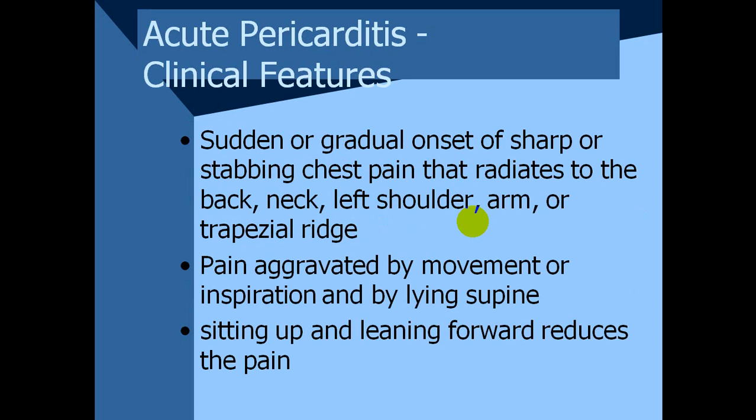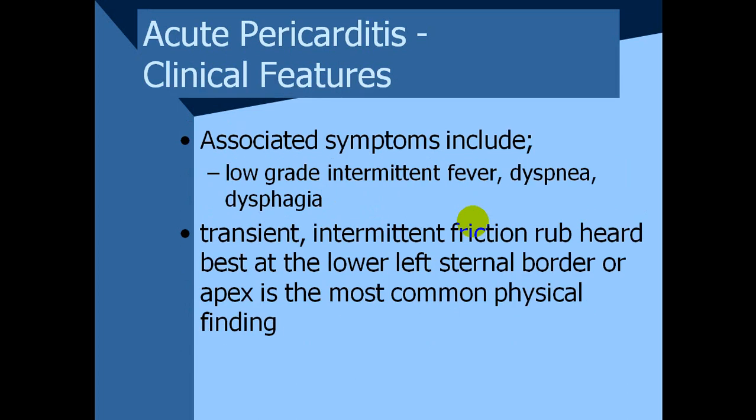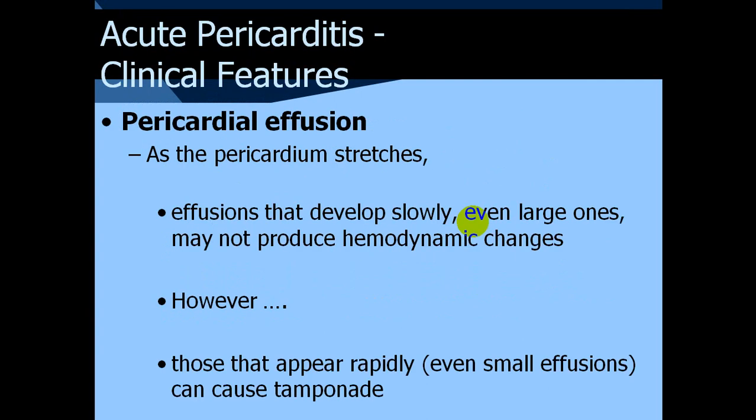Sitting up and leaning forward usually reduces the pain. Associated symptoms include low-grade fever, dyspnea, sometimes dysphagia, and a transient intermittent friction rub, heard at the lower left sternal border or apex. It is the most common physical finding and is highly suggestive.